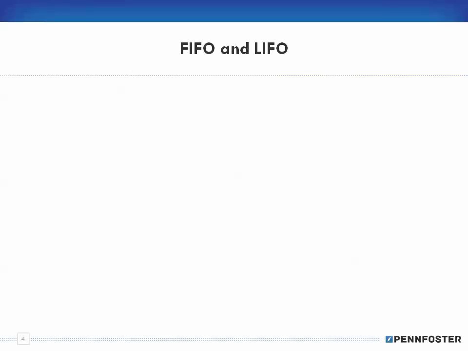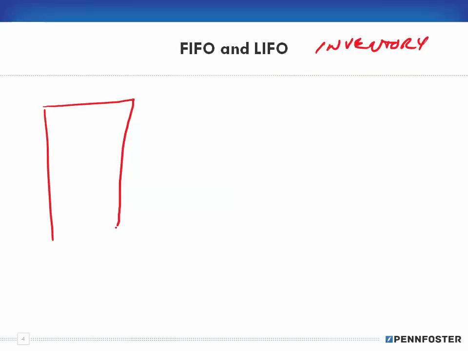In those videos in Chapter 18, I presented the idea that when you want to think about FIFO and LIFO in terms of inventory, here is a refrigerator, and there's the handle.